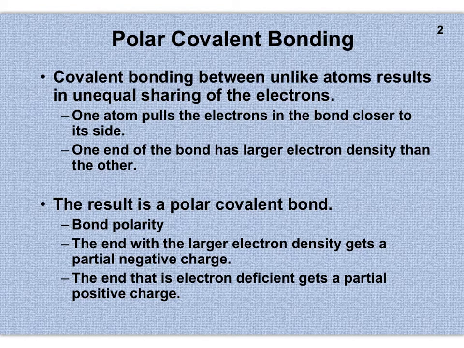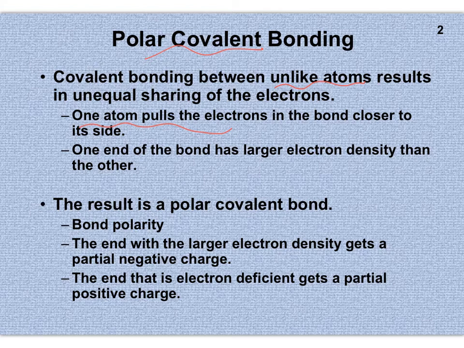So, how do you get a polar covalent bond? If you have atoms that are unlike each other, and specifically with significantly different electronegativity, one atom will pull on the bonding electrons more than the other.